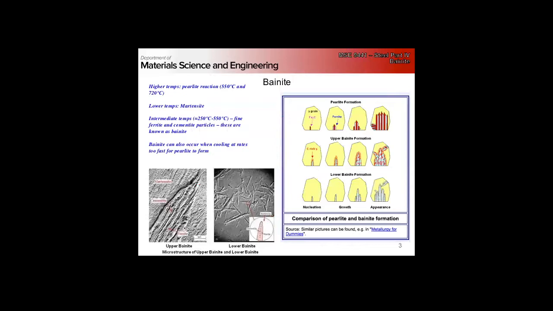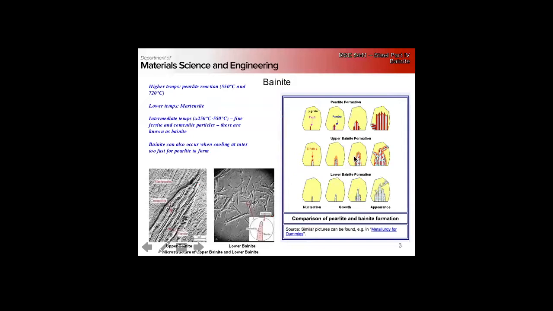We've got upper Bainite and lower Bainite, right? So the primary difference is lower Bainite occurs at lower temperatures, right?